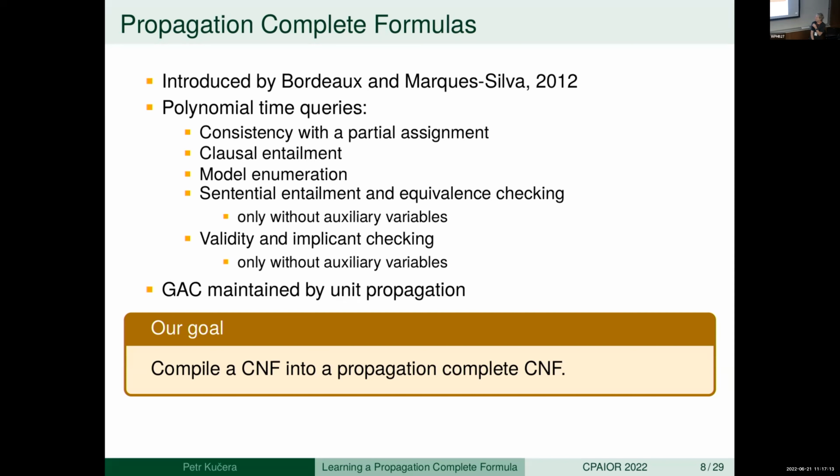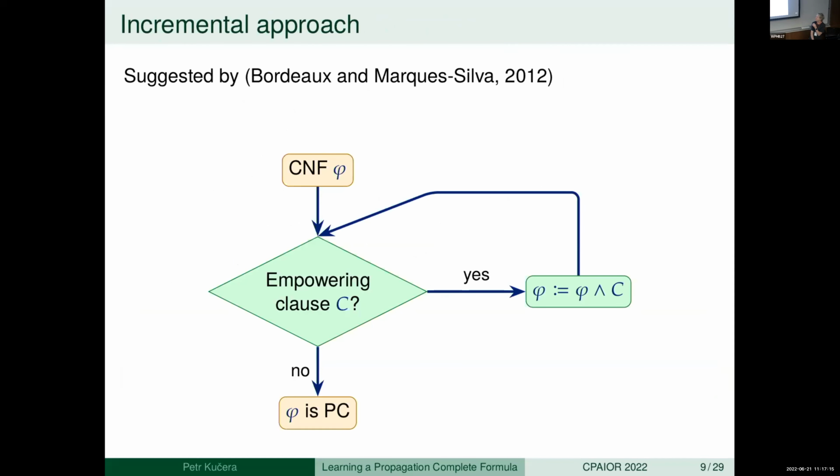So the first approach, which was already considered in the paper that introduced propagation complete formulas by Bordeaux and Marques-Silva, is the following. We said that a formula is propagation complete if it doesn't admit an empowering implicate. So just keep adding empowering implicates until it becomes propagation complete, right?